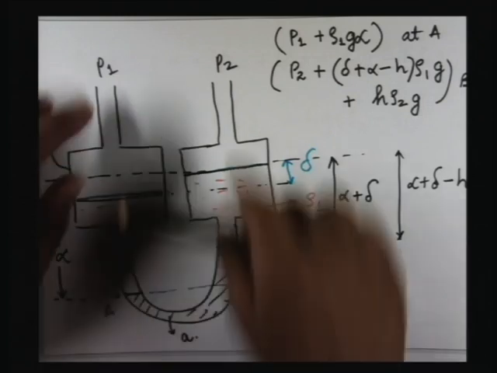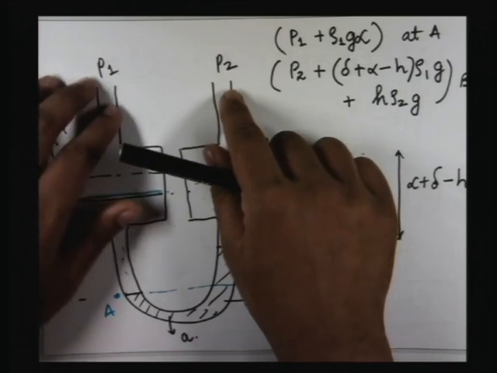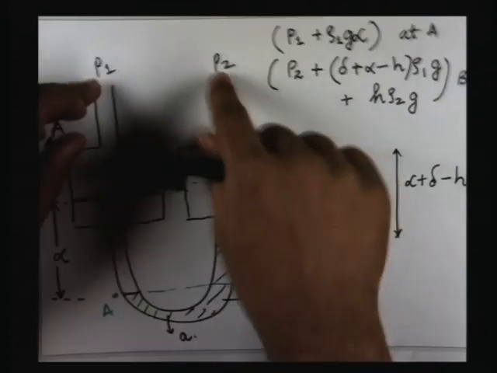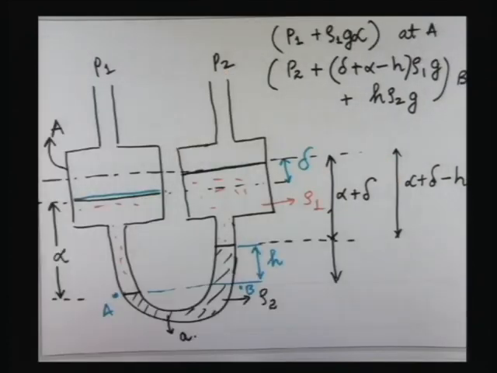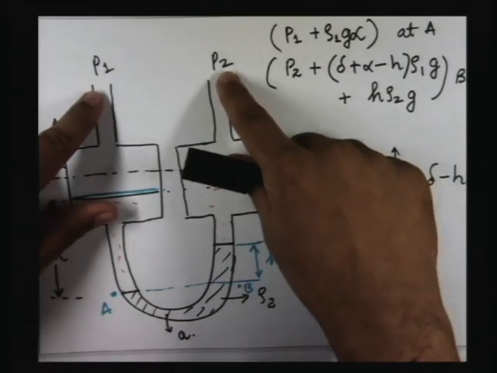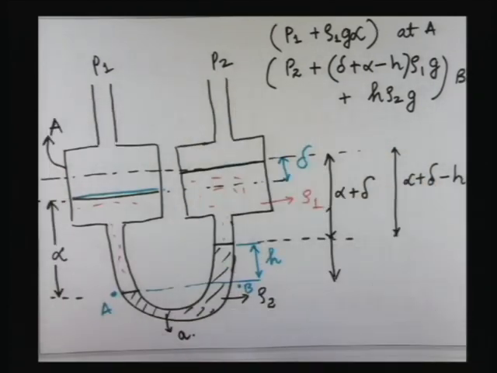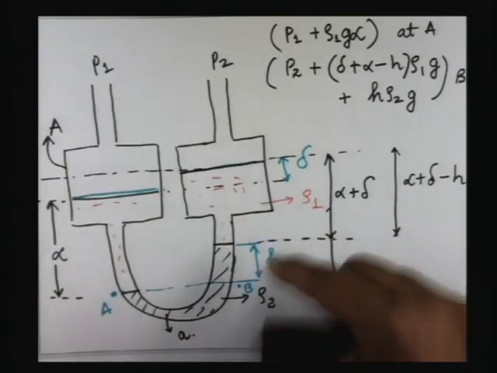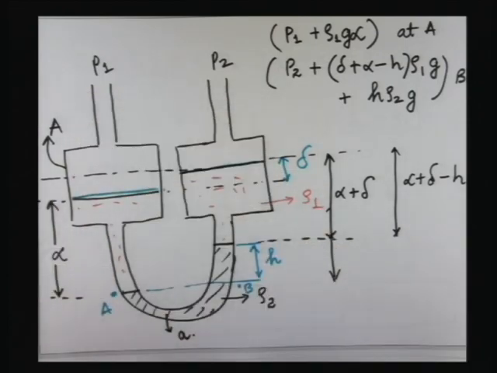If for a given pressure differential you don't have a very large H, which you cannot measure, you won't be able to measure the difference in the pressures. So if you have a large H for a small pressure difference, you are able to measure the small pressure differences by measuring a sizable amount of H. That is the principle.